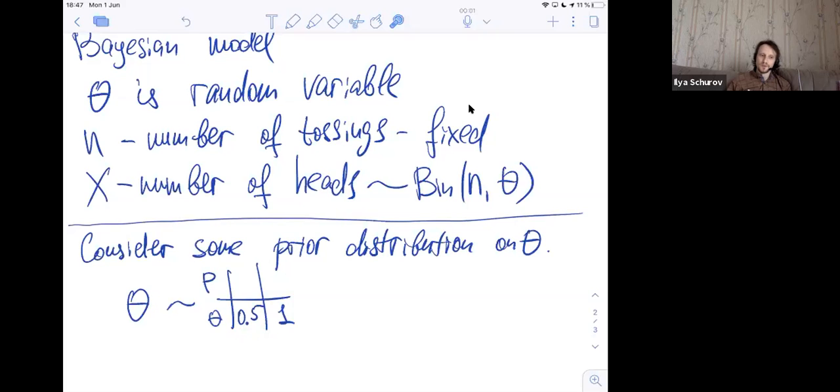Let us give some probability that I bought this coin from some person who do some magical tricks. And let us put some probabilities. Of course, we will put here much larger probability than here, but let us put here probability 0.9 and here probability 0.1.